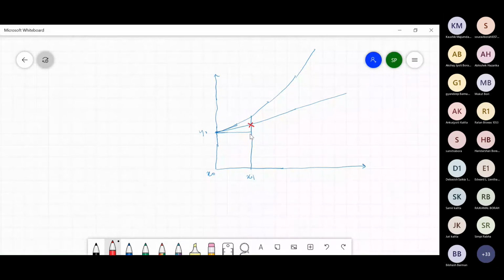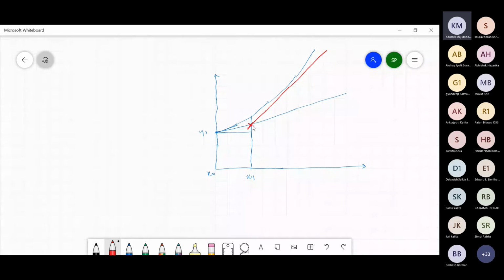Now, what is done here? Again, we'll draw a tangent at this new y1 in this way. Again, one tangent is drawn at y1. Clear? Sir, tangent to which curve, sir?